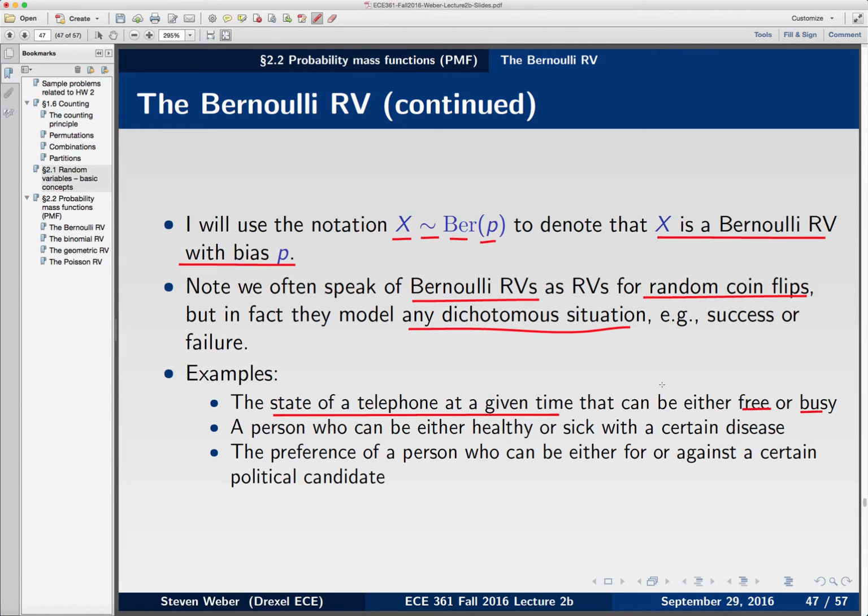We might let the Bernoulli random variable capture that situation, assigning the value 1 if it's free or 0 if it's busy. A person at any given time might be either healthy or sick with a certain disease. We will call a person who's healthy the Bernoulli random variable 1, and the person who's sick, Bernoulli random variable 0. Finally, the preference of a person who can either be for or against a certain political candidate. For could be mapped to 1, against could be mapped to 0.